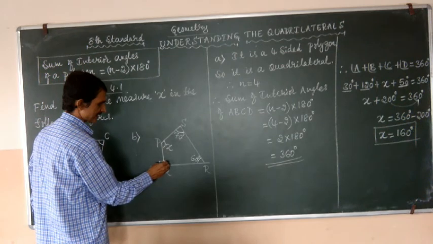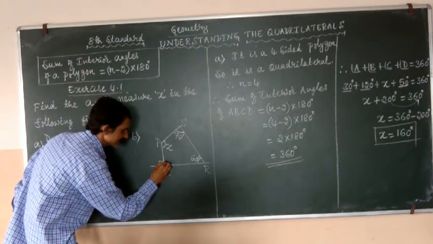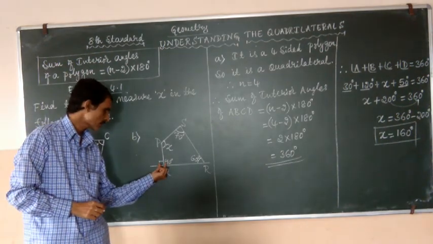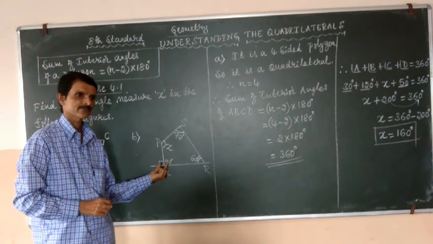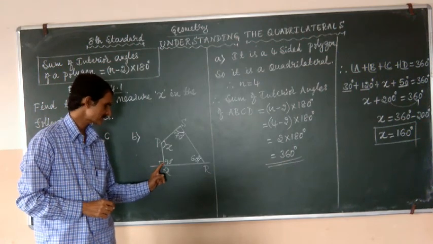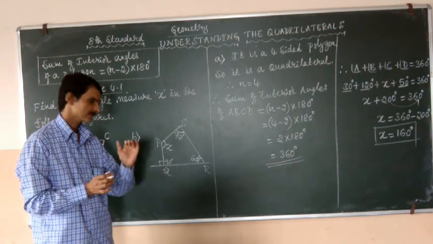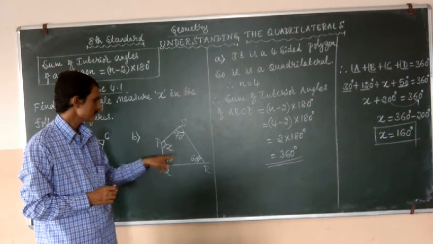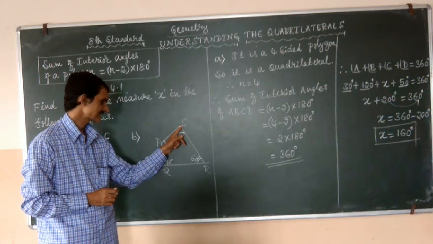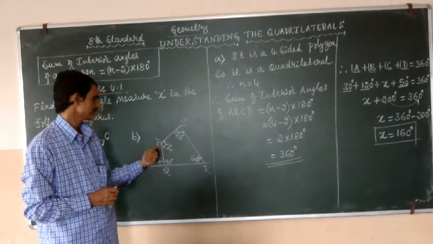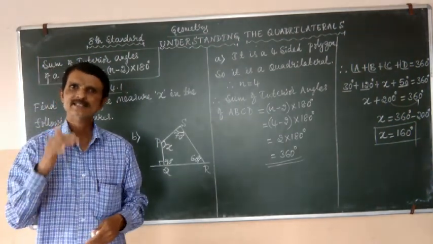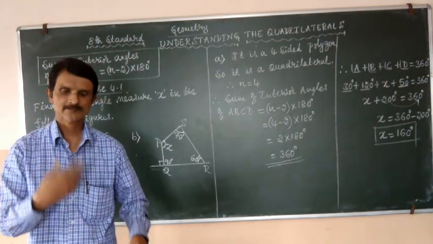Therefore the interior angle is also 90 degrees, because these two angles are linear pairs. The sum of these two angles must be equal to 180 degrees. So now we have the value of angle Q, angle R, angle S. In the same manner, you should calculate the value of angle P, that is x. Try yourself, students.